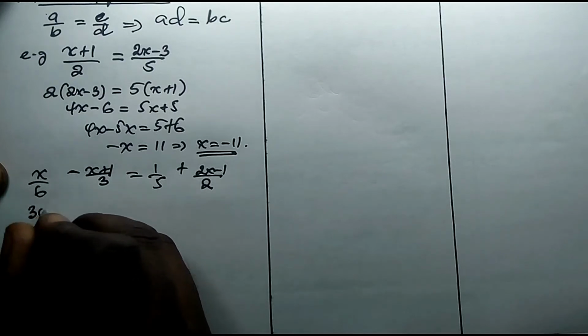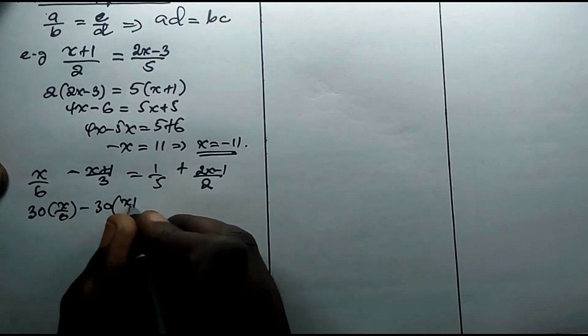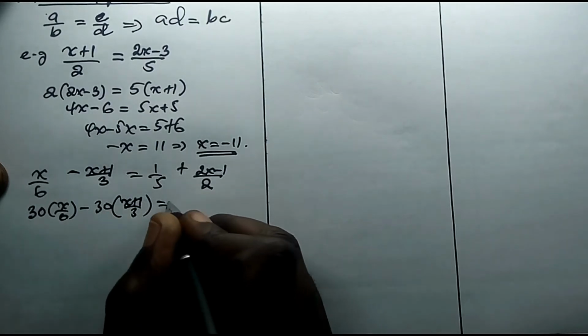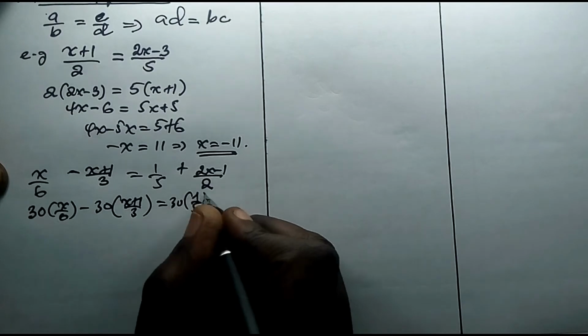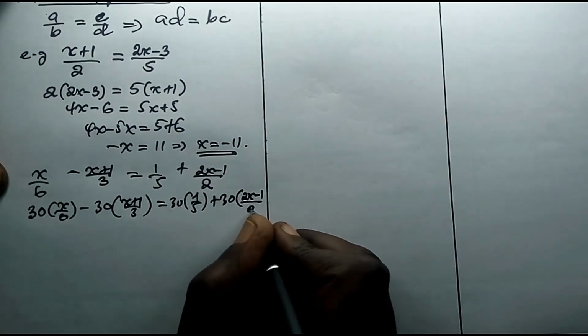I'll get 30 into x over 6 minus 30 into x plus 1 over 3 equals 30 into 1 over 5 plus 30 into 2x minus 1 all over 2.